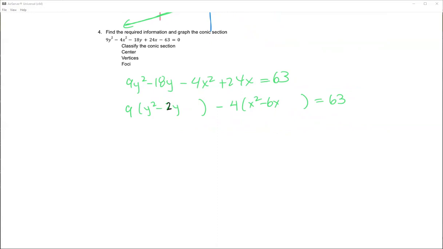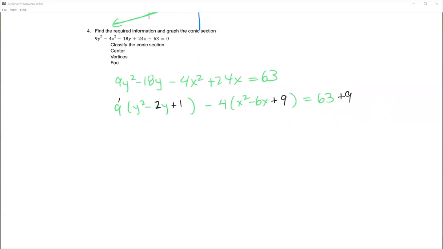What am I adding to the y value? 1. What am I adding to the other side? 9, right? Because 1 times 9 is 9. What am I adding to this right here? 9. What am I, I guess I'm subtracting, right?